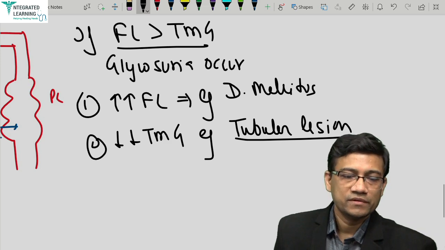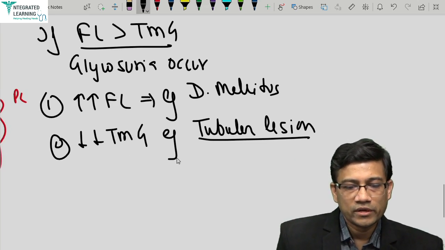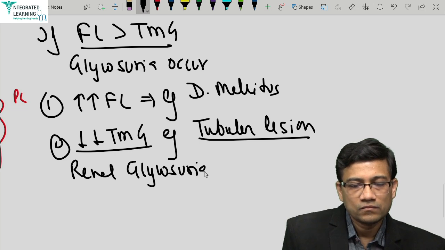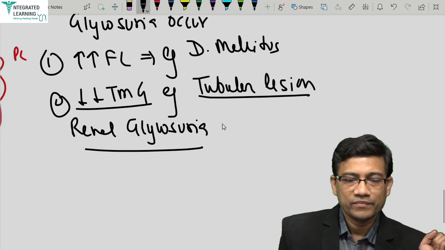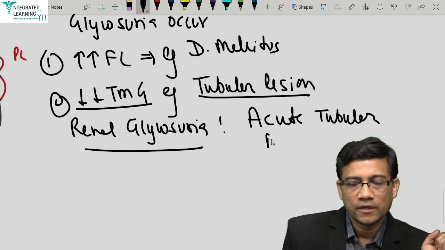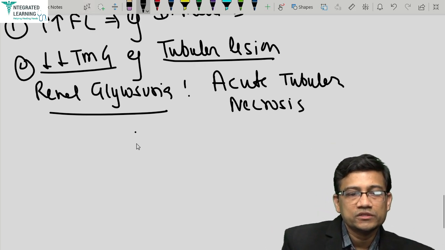It is also called renal glycosuria because the problem is the kidney, like acute tubular necrosis or Fanconi syndrome.